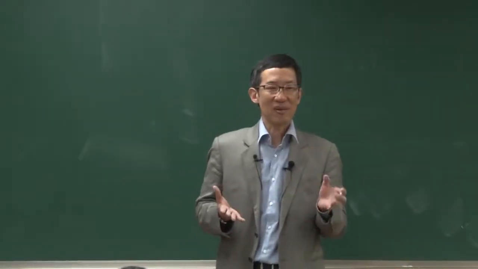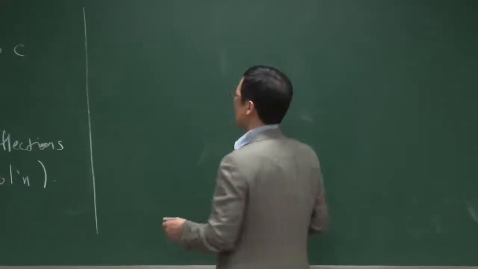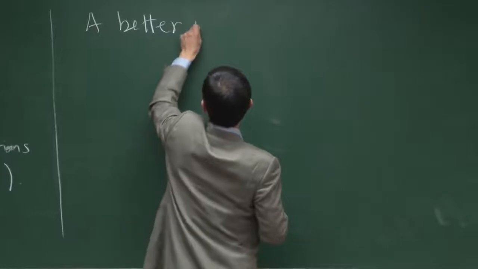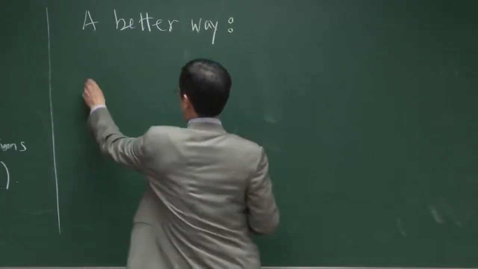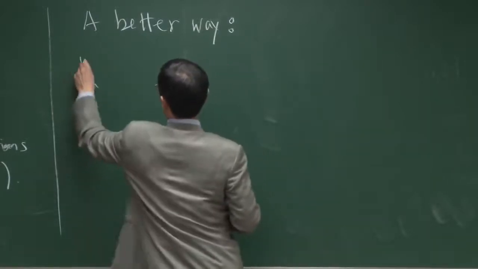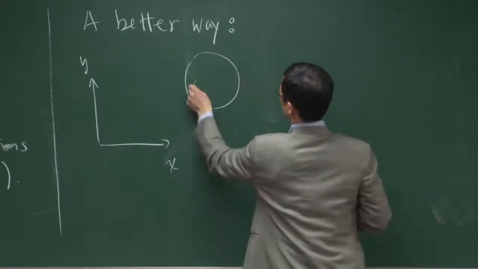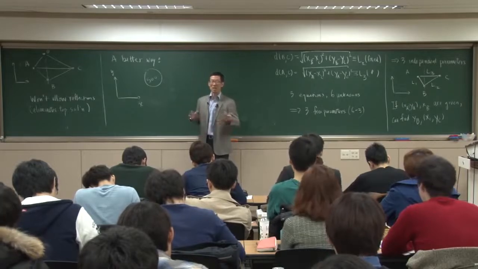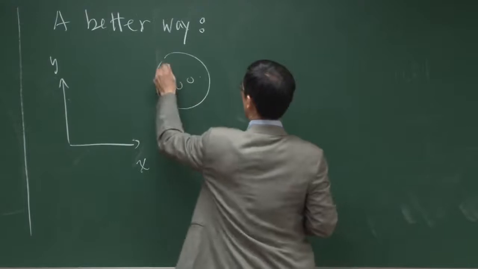There's got to be a better way, right? Using fewer coordinates. Here's a better way. Let's just now draw the top-down view. If I have a coin here, why not just attach a reference frame to the coin? That's what I'm going to do.